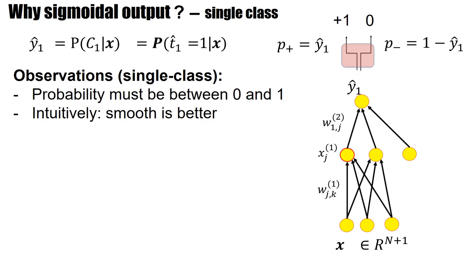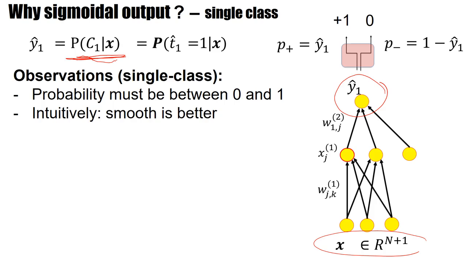So, we are in the context of a statistical setting, and so the idea is that this output unit here gives the probability that the input that we apply here belongs to the class.